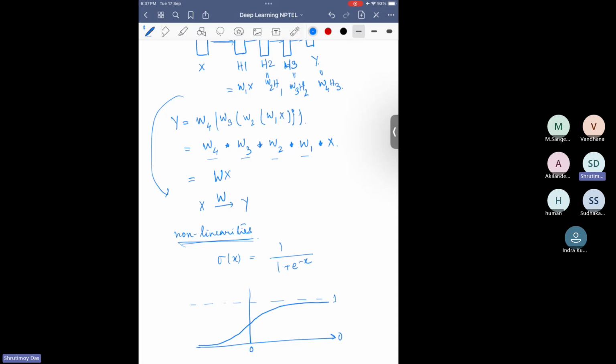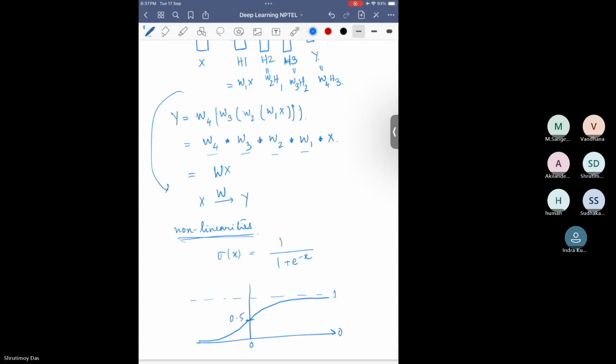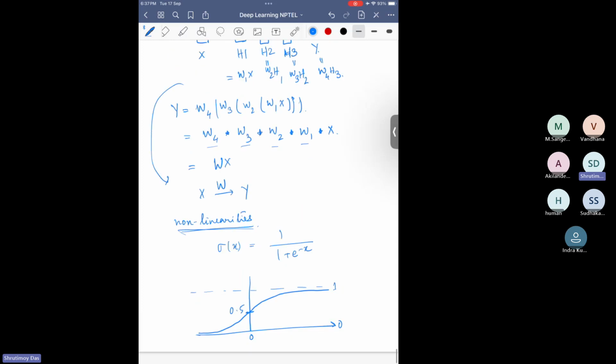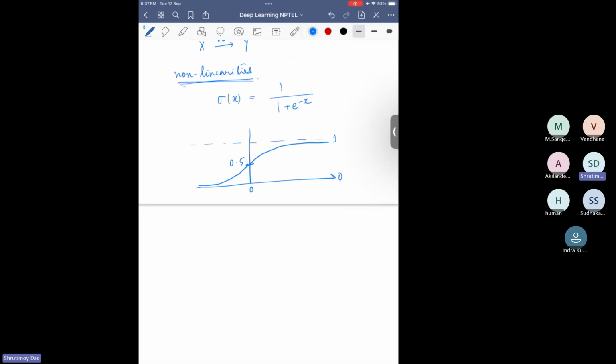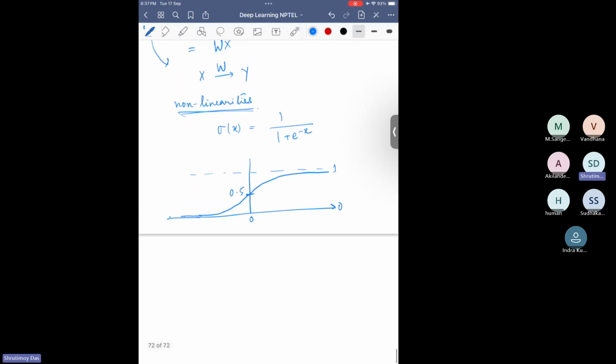So at 0 it is 0.5, and so on. So as you can see, let us say I'm talking about sigma of some wx.